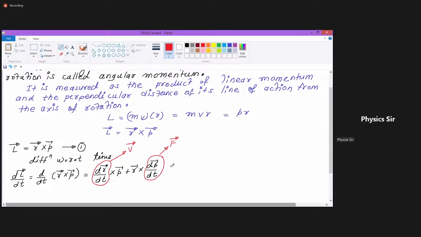So we can write this as vector v cross vector p plus vector r cross vector F.